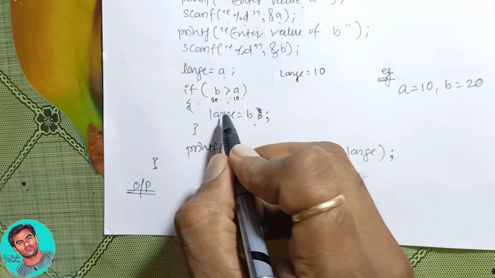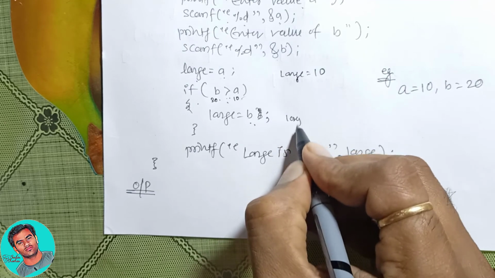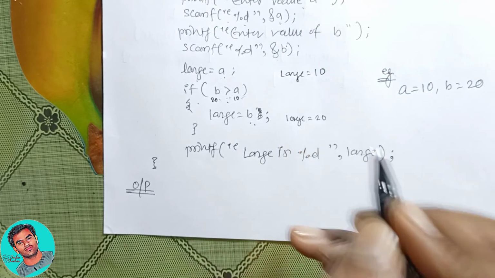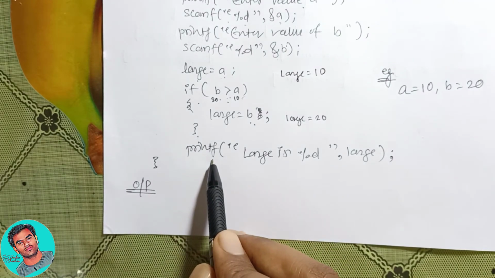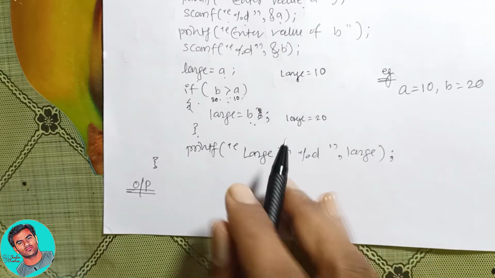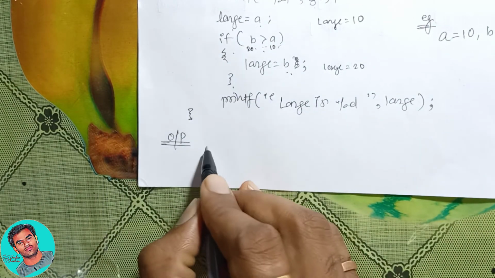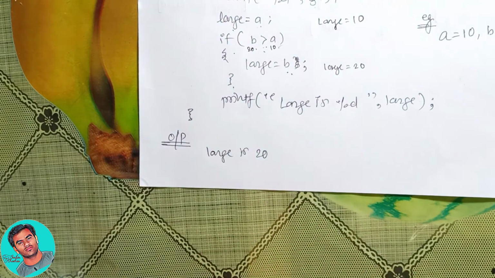So large equals b, that means the value of b is 20, so here large is considered to be 20. So program execution comes here, then there is a printf statement, large is %d, large. So what will be the output here? Large is 20.